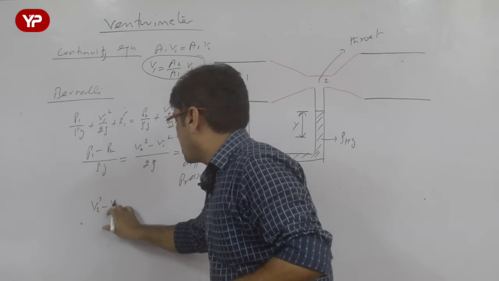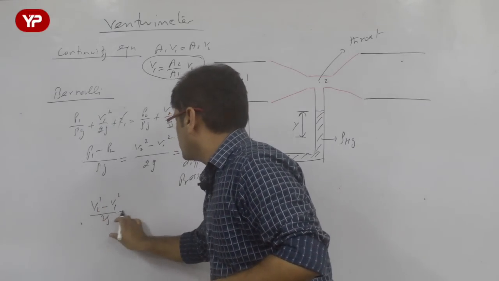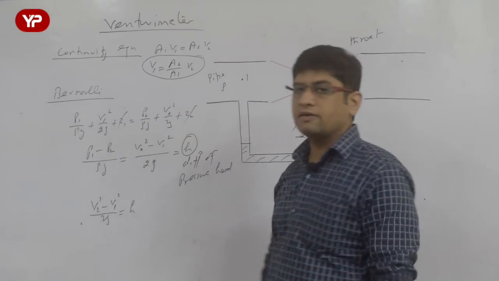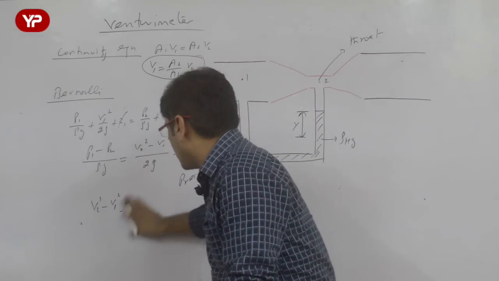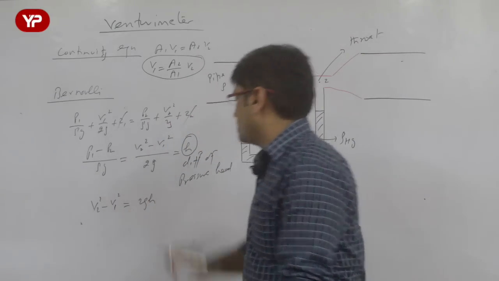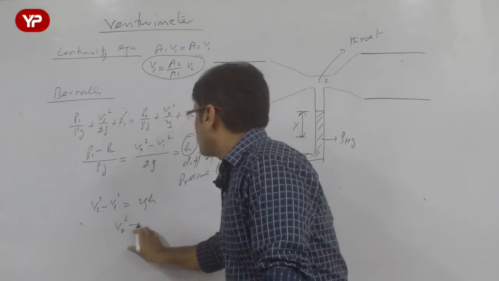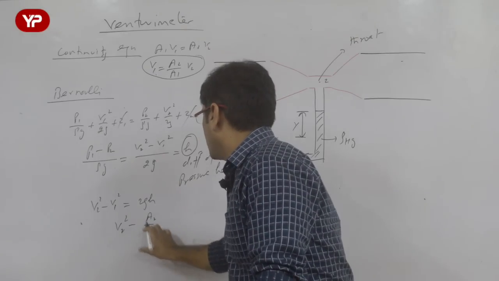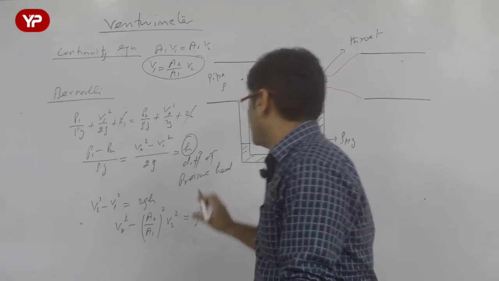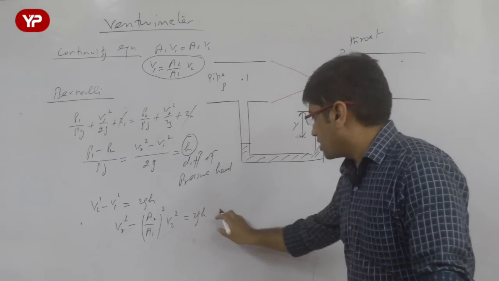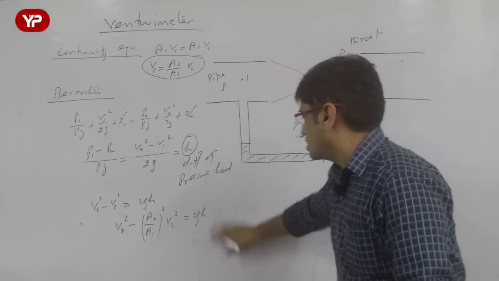Now (V2 square minus V1 square) over 2g is equal to h. So V2 square minus V1 square equals 2gh. Now I express V1 in terms of V2: V2 square minus (A2 by A1) whole square V2 square is equal to 2gh. Now from here, let's take certain things common.